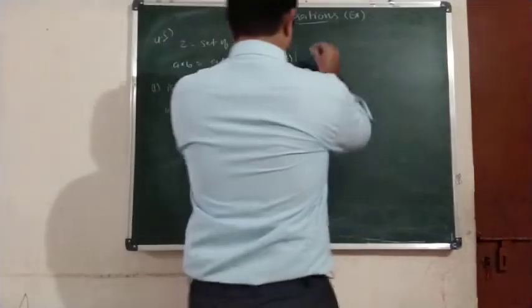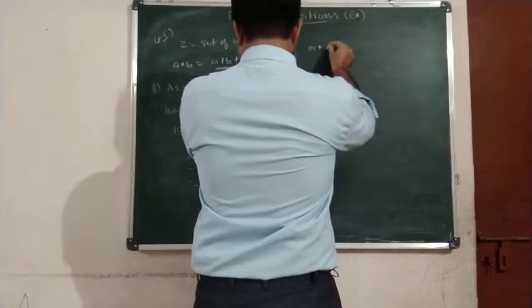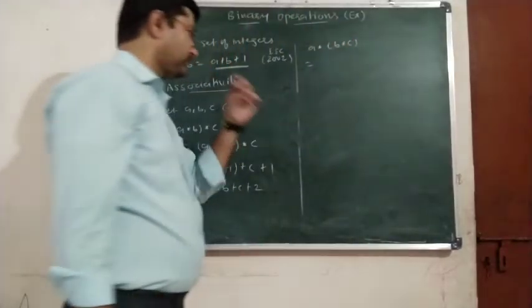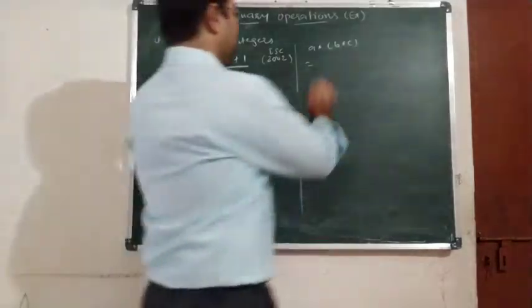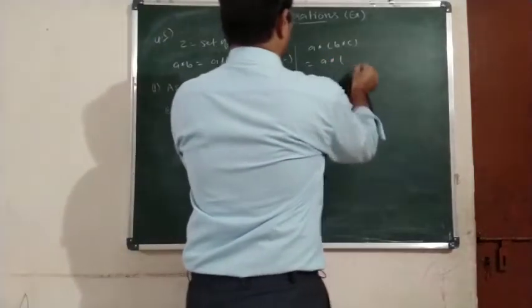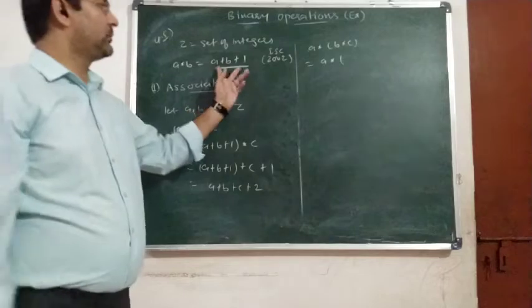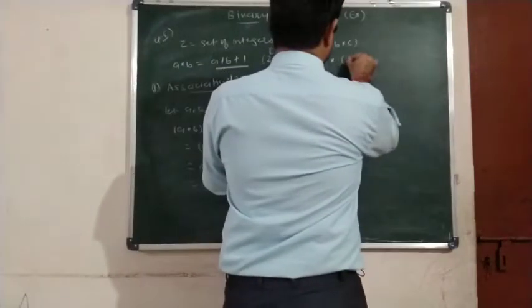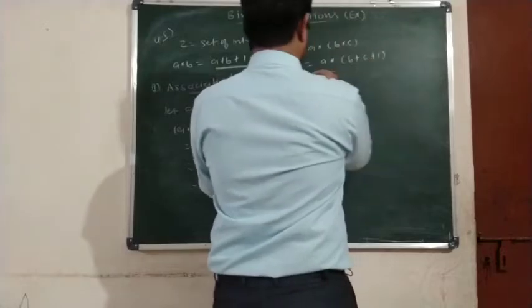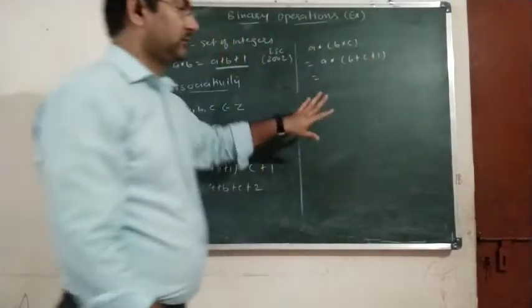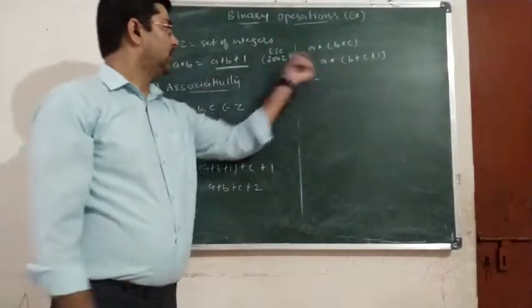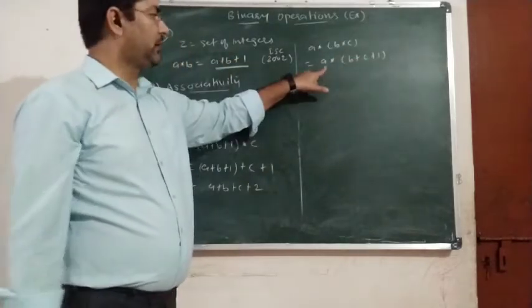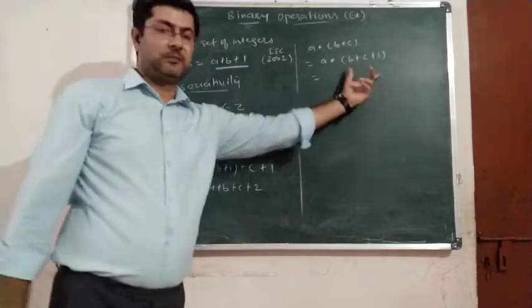Now let us take the right hand side, A asterisk B asterisk C. We can find this by using the formula: B plus C plus 1. Further, in the same manner, in this formula we will put these two values. For A we will put A only, for B we will put this bracket.